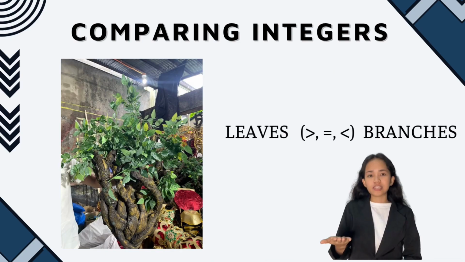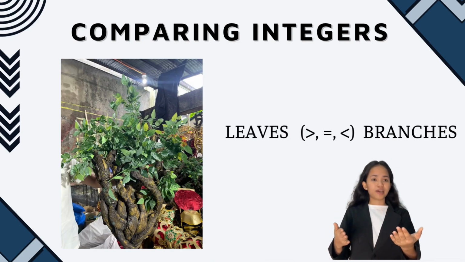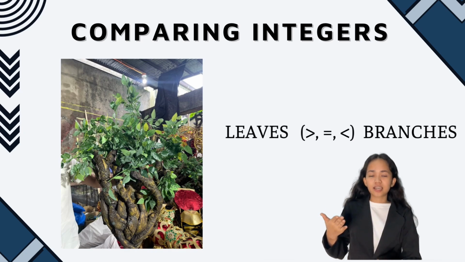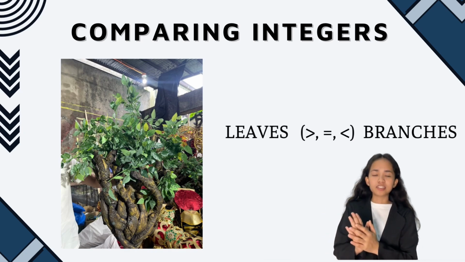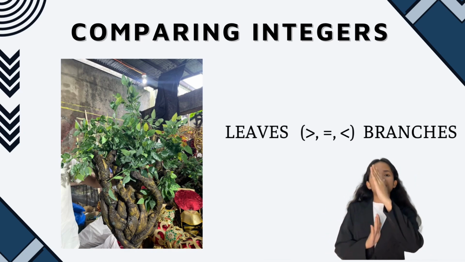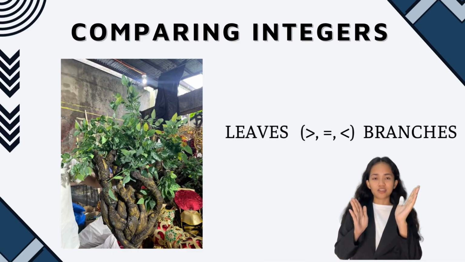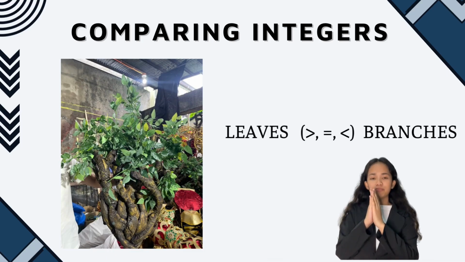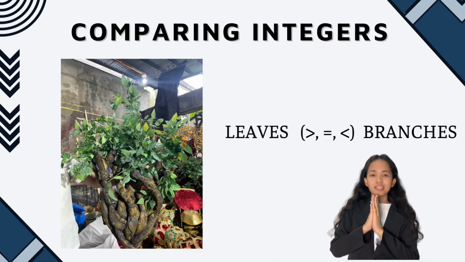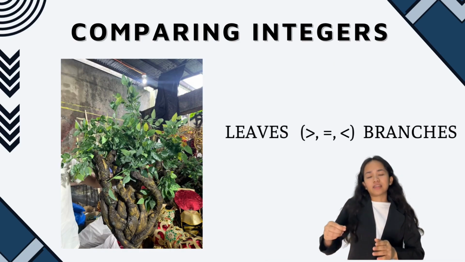What can you see in the picture? Yes, we have a headdress that has branches and leaves, just like what we have used in our previous lessons. These are the branches and these are the leaves. As you can see in the picture, class, which do you think is greater than or less than the other?